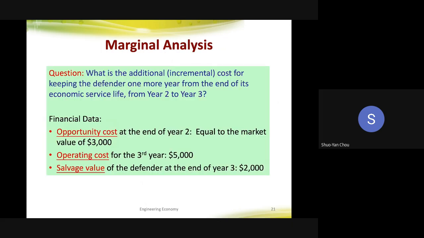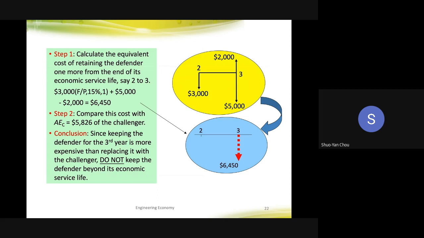But we can do an analysis including all these cost factors for marginal analysis: if we replace it in the second year, the third year, the fourth year, and so on, and see when the best time is.